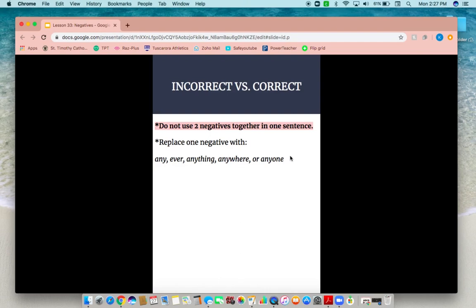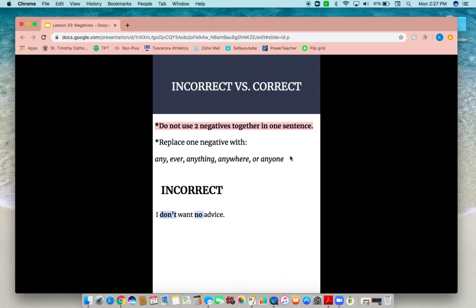And so that brings us to this point here where it says replace one negative with. So these words down here are examples of words that we can use instead of using a double negative. So we're going to have two columns underneath where we're going to talk about sentences that are not correct, that have a double negative, and then we're going to fix those sentences and have a correct column.